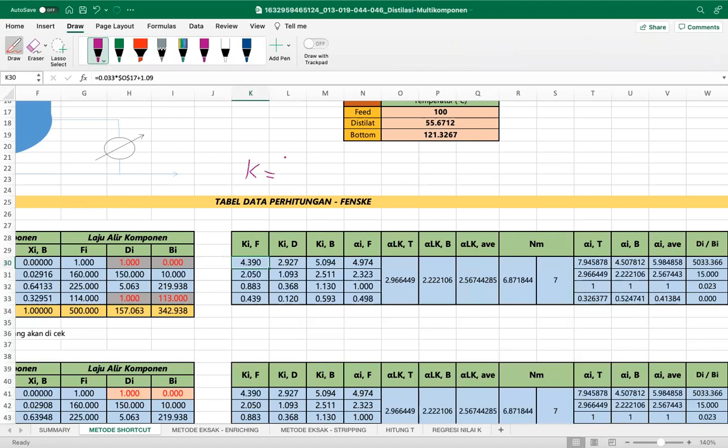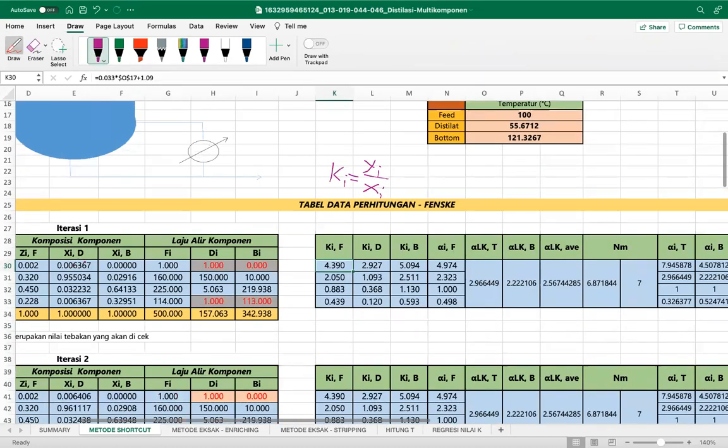Because we want to know the correlation at this point, the correlation of y divided by x. So in any case, for example in the distillate or in the bottom, if you know x and you know K, you can predict y. So that's why we have to do the calculation of K.